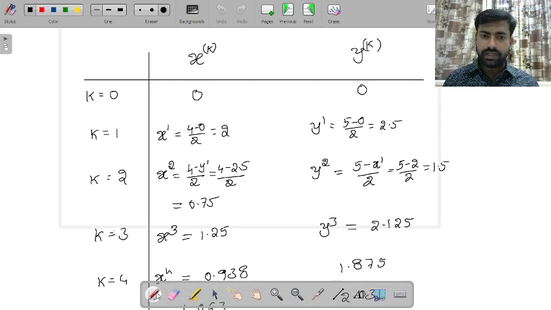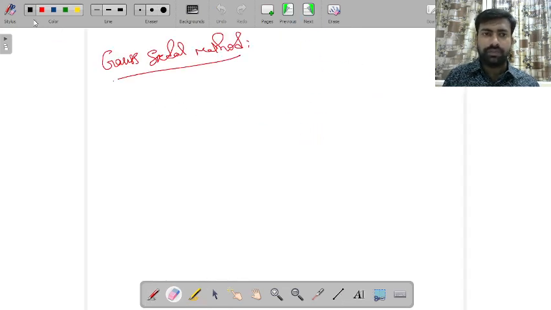See here you got x1, right? To calculate y1 here, this involves x0. We are using x0 here, but in the Gauss-Seidel method, here itself we use the updated value, that is x1. Let me solve a problem, then it will be clear.